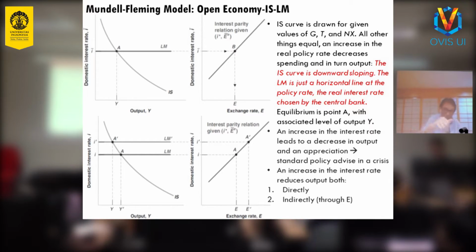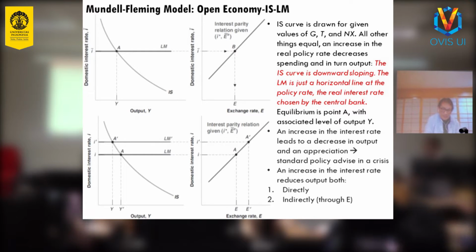If you look at this chart, especially the bottom chart there, what happens if the interest rate is increased, then the equilibrium moves from A to A prime. And that leads to lowering of the output on the x-axis, right? But that was only the story of the equilibrium in ISLM. Now, since today we are focusing on the exchange rate, we try to inject the role of the exchange rate in that story.